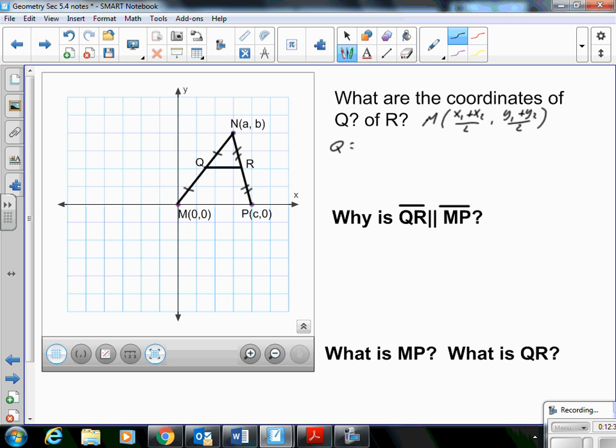So a plus 0 over 2. And for the y's, it's b and 0. So b plus 0 divided by 2. Or the zeros can basically disappear. And that leaves us a over 2, b over 2.